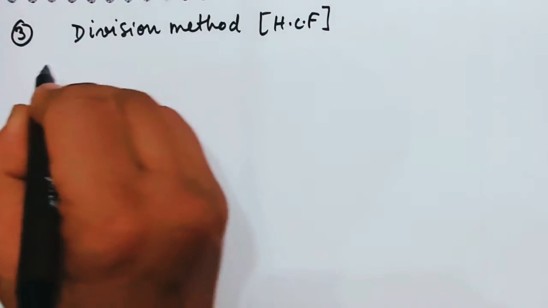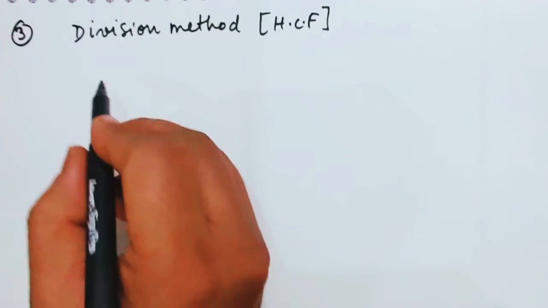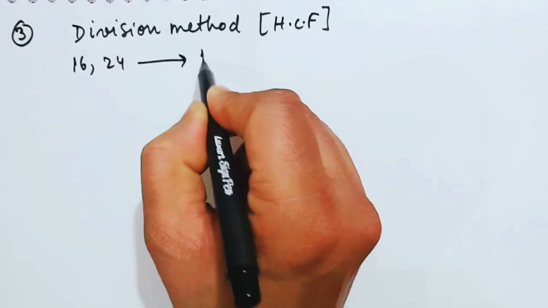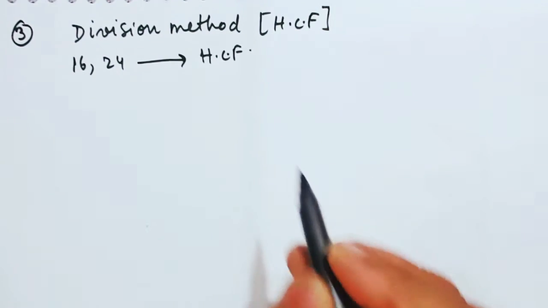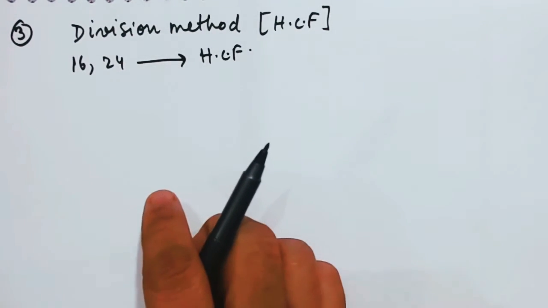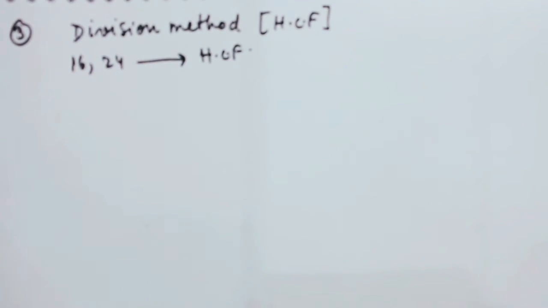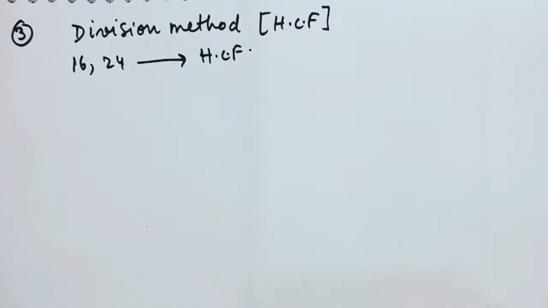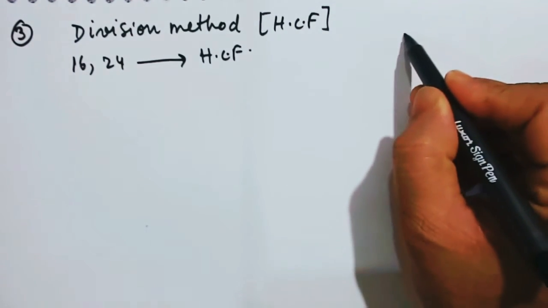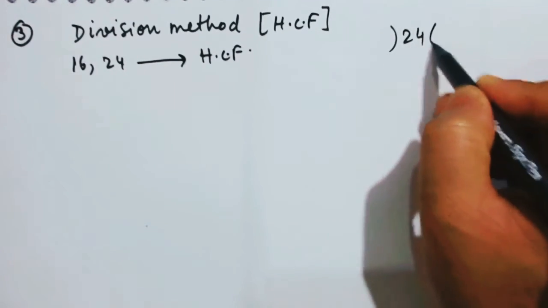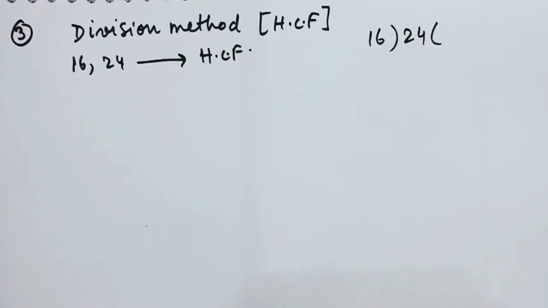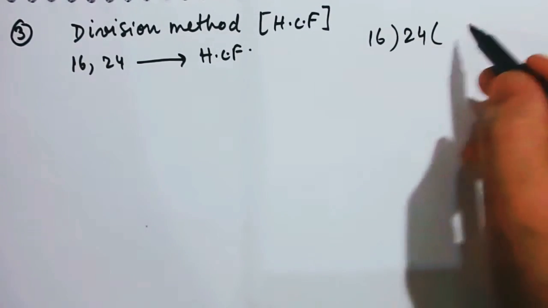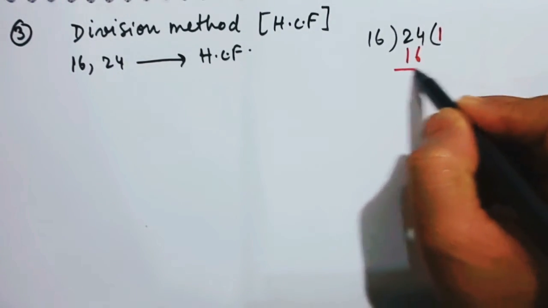It says that when two numbers are given like 16 and 24, and you are asked to find their HCF, then you will have to divide successively, one after another, the bigger number by the smaller number. The bigger number is 24 and the smaller number is 16. Let me divide 24 by 16. 16 goes only one time.